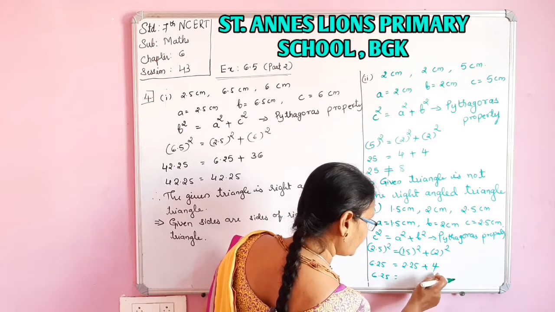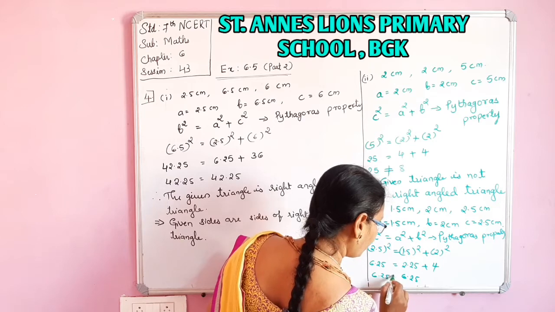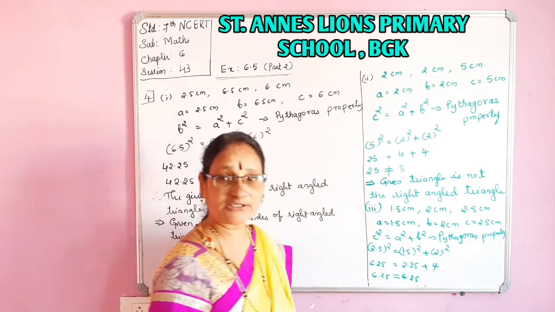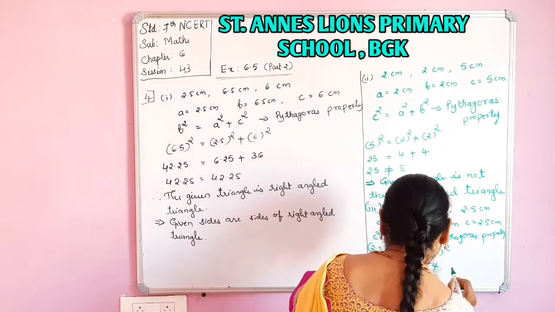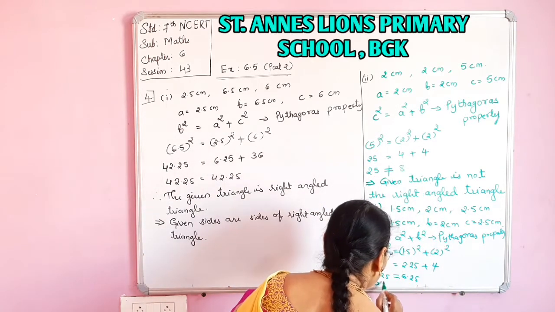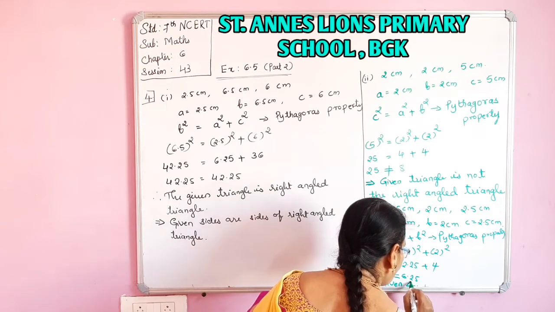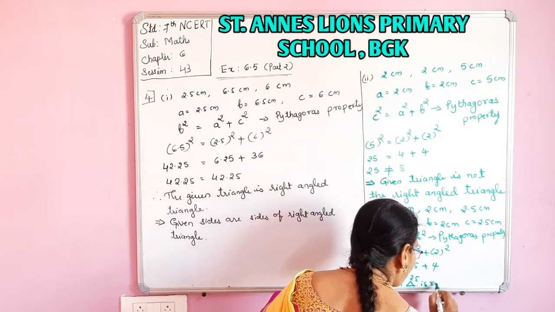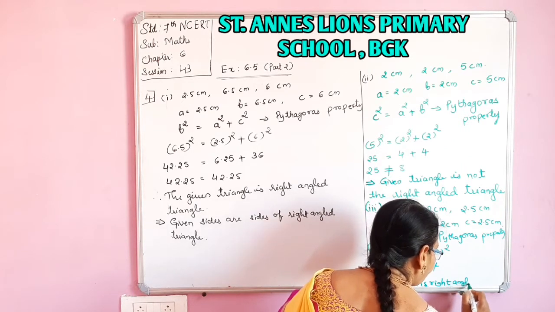See, 4 plus 2 is 6, so 6.25. Both are equal. That means the Pythagoras property is satisfied. Therefore, the given triangle is a right angled triangle.